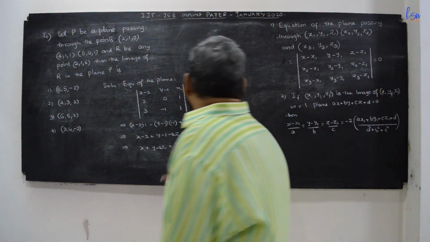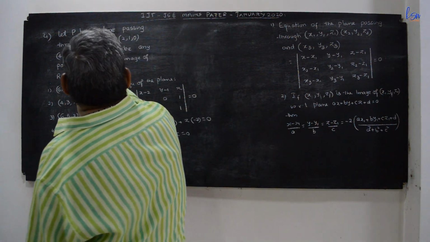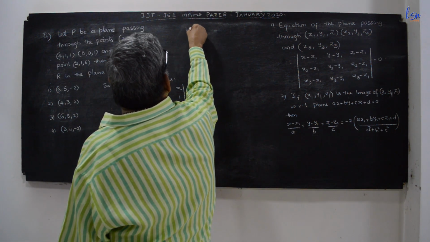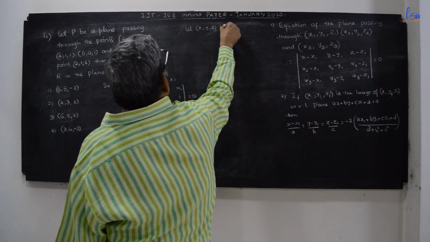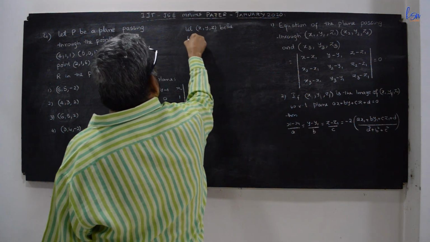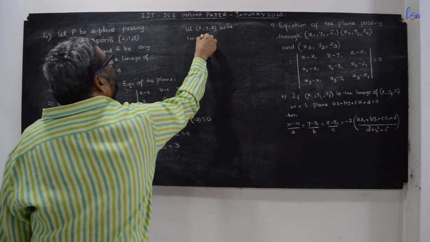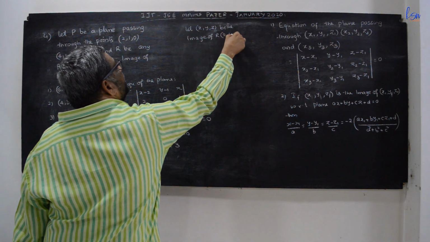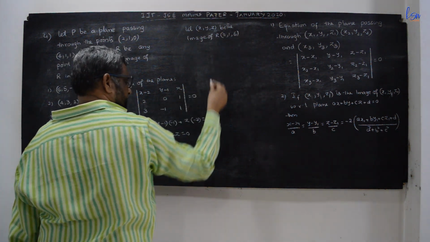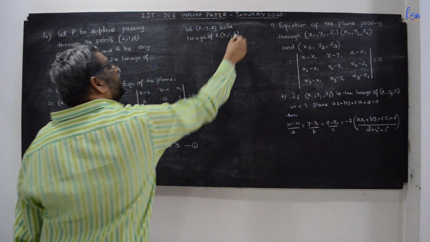Now you can apply that. Here R is the point 2 comma 1 comma 6. Let x comma y comma z be the image of R 2 comma 1 comma 6 in plane 1.